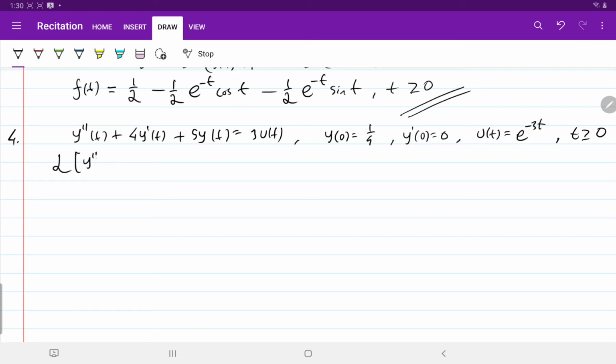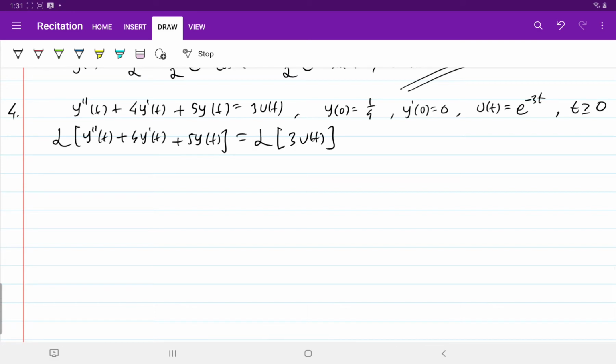Laplace of y double prime t plus 4y prime t plus 5y t, and Laplace of 3u t.